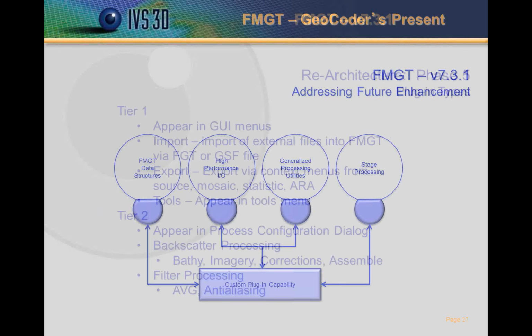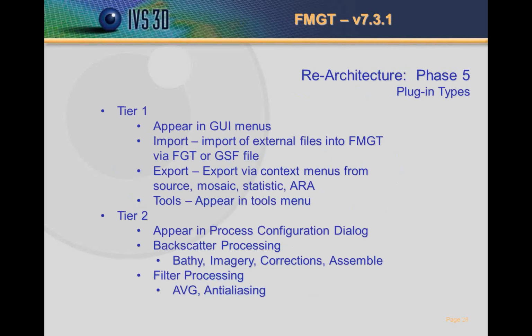Okay, let's go here. There are two tiers, Tier 1 and Tier 2 plugins. Tier 1 plugins will appear in the GUI menus. For example, you could have import-export plugins, so they appear in the context menus of GT's tree views. Same with the export, and also you could have whole new tools that appear.